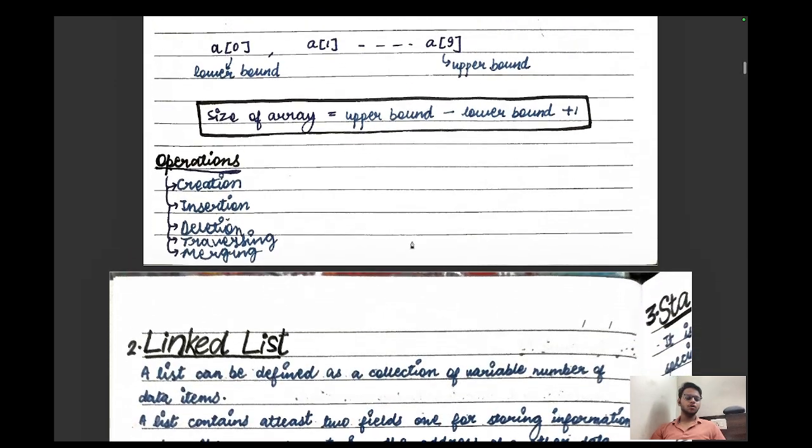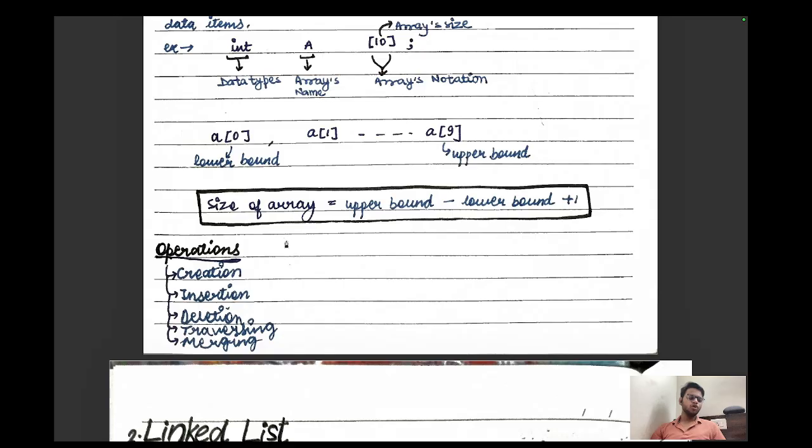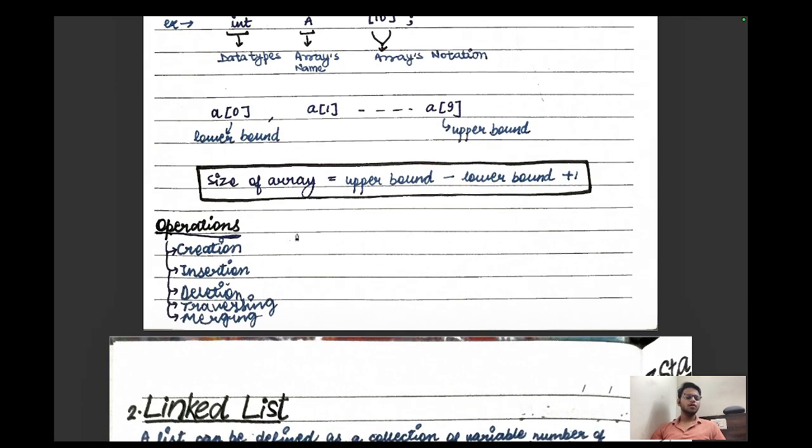Below the array, we have been given the operations which we can perform on the array. We can perform multiple operations: to create an array, to insert elements into an array, to delete an array, to traverse and merge arrays. In case you don't know how to insert an element in the array, I want to quickly demonstrate how we can insert elements.